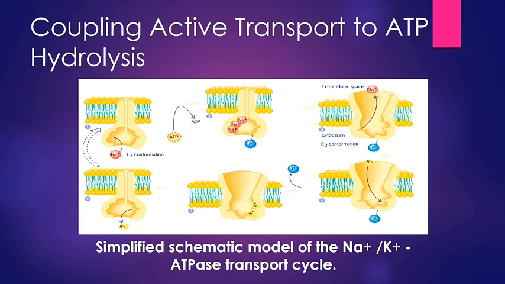Potassium ions then bind to the protein, and the phosphate group is subsequently lost, as shown in step 4, which causes the protein to snap back to its original conformation, allowing the potassium ions to diffuse into the cell, as shown in step 5.